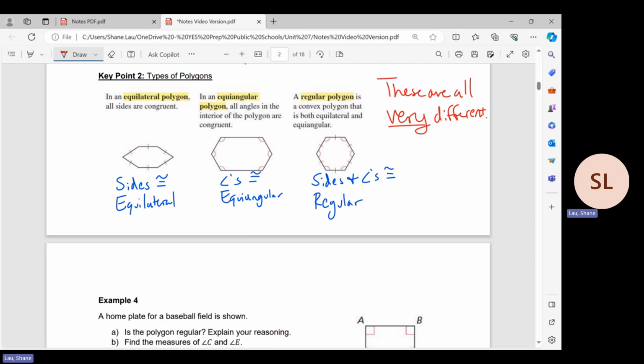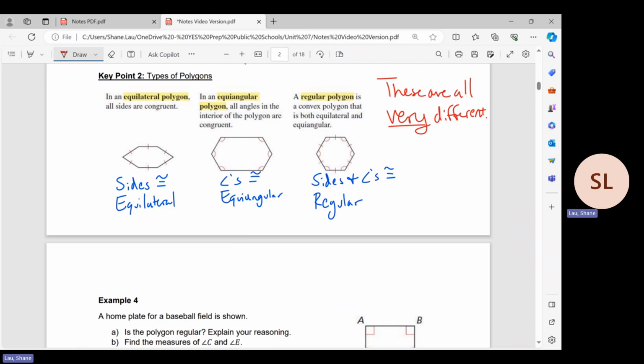Equilateral and equiangular are very different, as you can see. Look at all these angle measures for the equilateral polygon. There are some acute angles and some obtuse angles. So therefore, it's not going to be equiangular. But for the equiangular polygon, it's clear that we have all equal angles, but it's also clear that there are not all congruent sides, because the top and bottom sides are longer than the other ones.